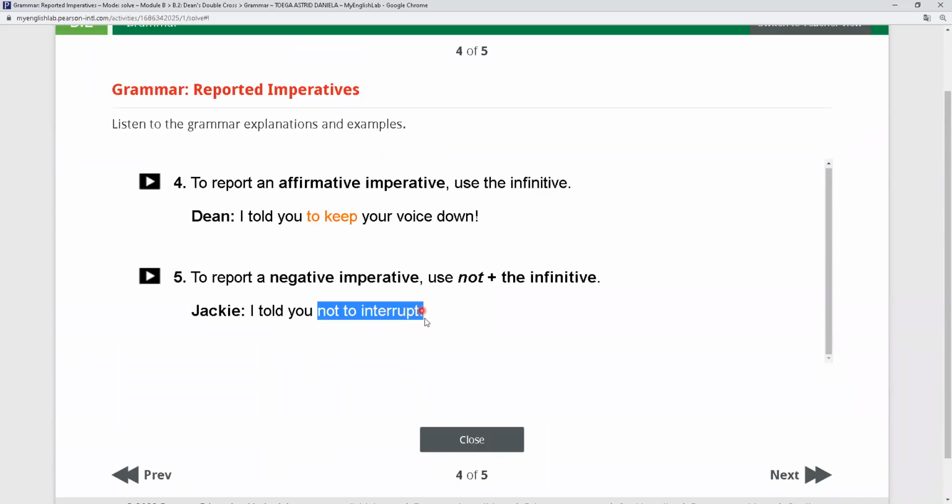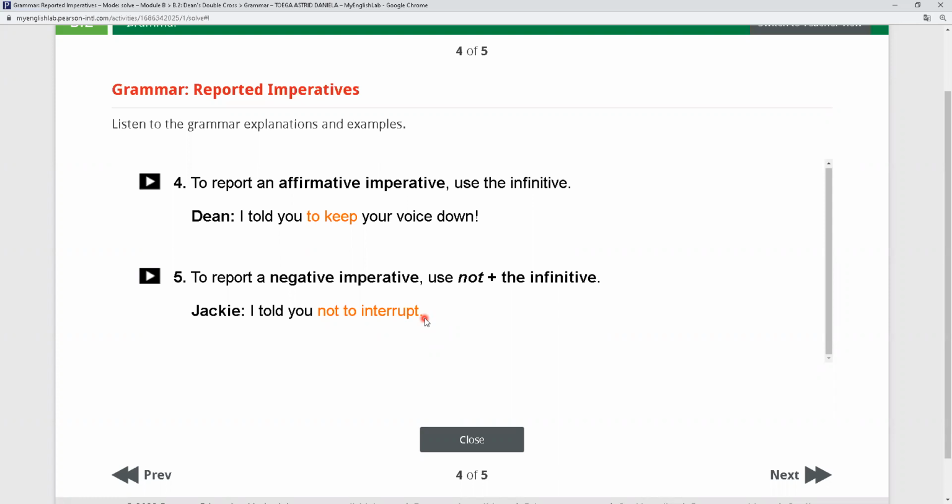But when I start the reported part, the reported sentence, then we're going to use the infinitive.